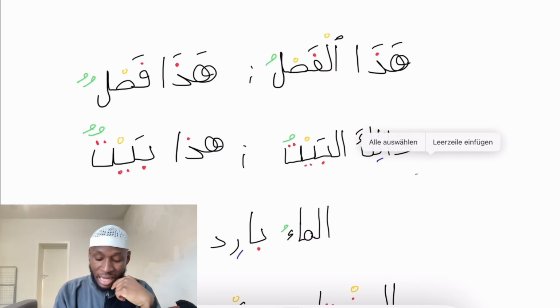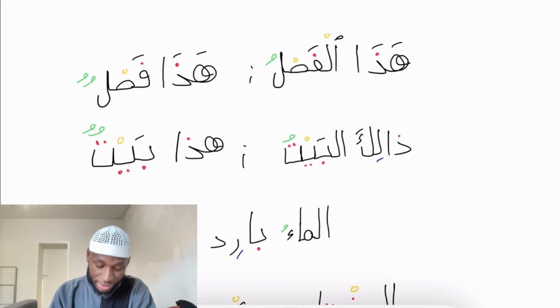Now let's jump to ذلك, which we saw. Here, I didn't write the vowel on ذلك because I want us to practice together. Whenever we have an alif coming as a natural mud, what is the deal with it?